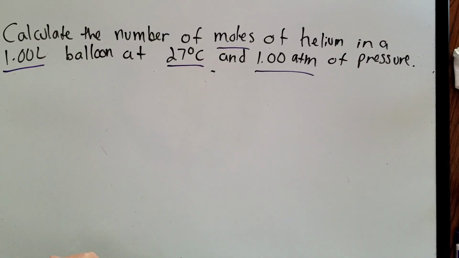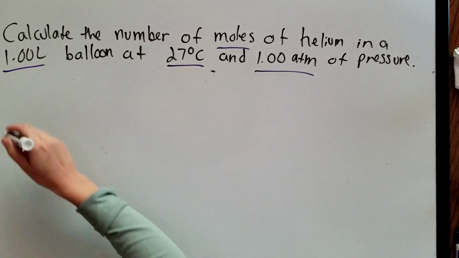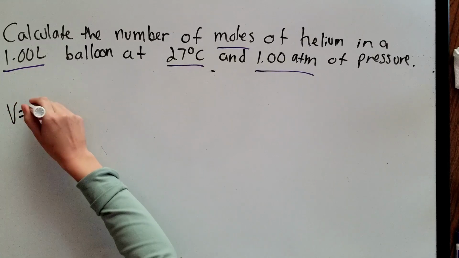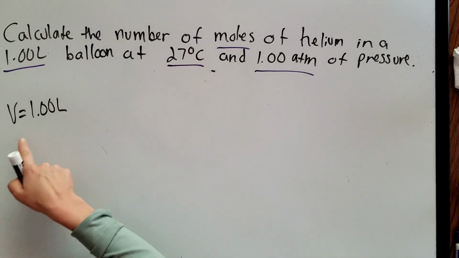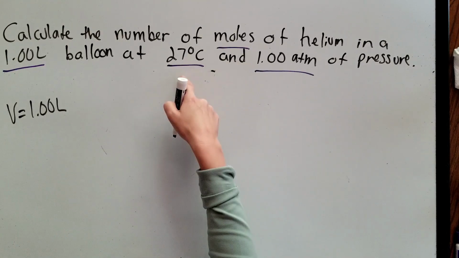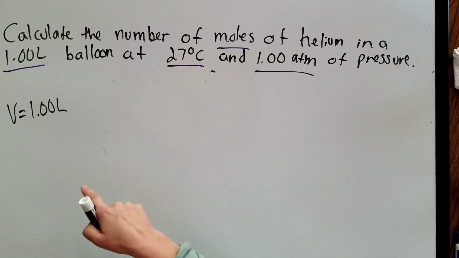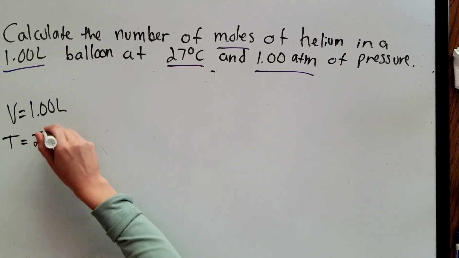But I'm going to start, like I always do, with my variables. So this 1 liter, that is a volume. And since there's only one of them, one volume, I don't need to put sub I or sub F or anything like that. Okay. The next piece of information, 27 degrees Celsius. That is a temperature.